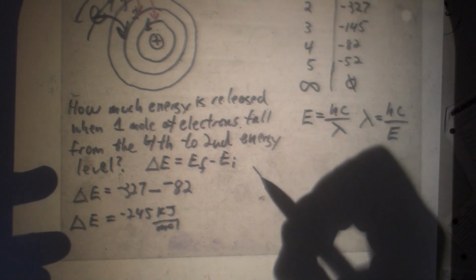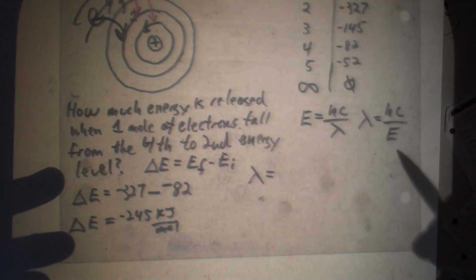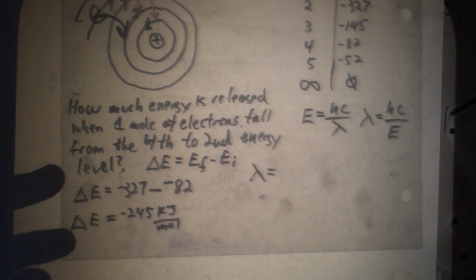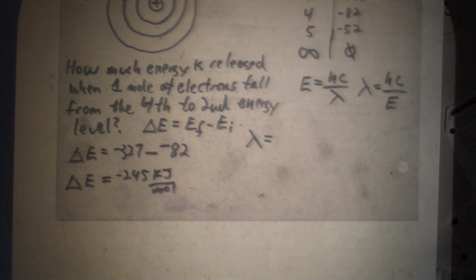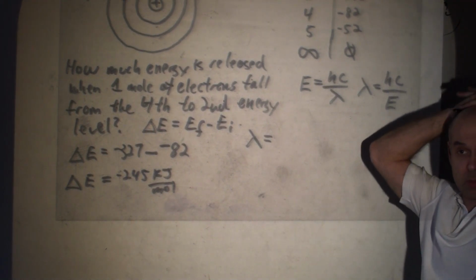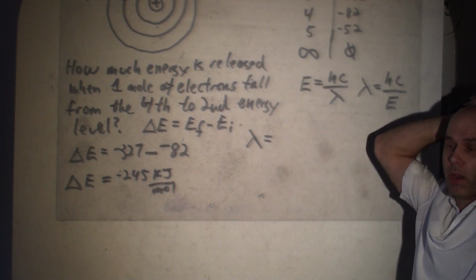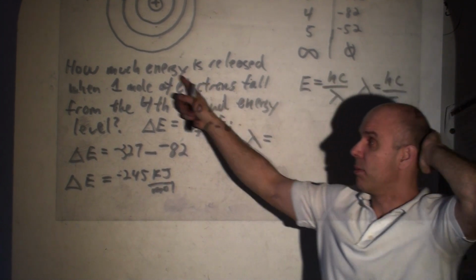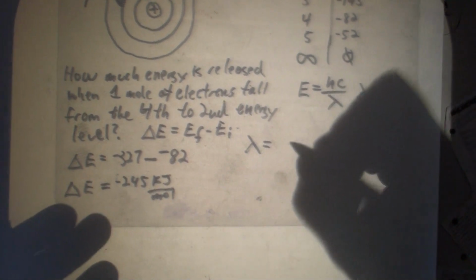So my wavelength is equal to my Planck's constant, and yes, Planck's constant can be 6.626 times 10 to the negative 34th, but if we're dealing with 1 mole of something, then we're going to want to use the 3.99.